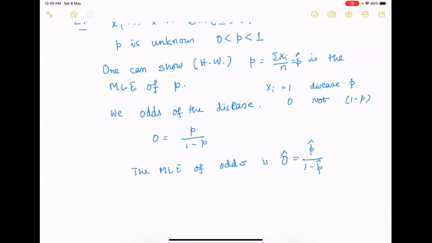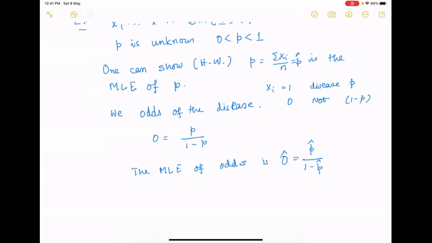Wonderful. I really don't have to figure out the likelihood of the odds and then solve the optimization problem to get the odds. All I have to do is figure out the MLE of the core parameter, and then any functional form of that, maybe one that has particular importance in the science. Here, odds has a particular importance, and suppose the doctor or the particular domain is more interested in this functional form of the parameter rather than the original proportion.